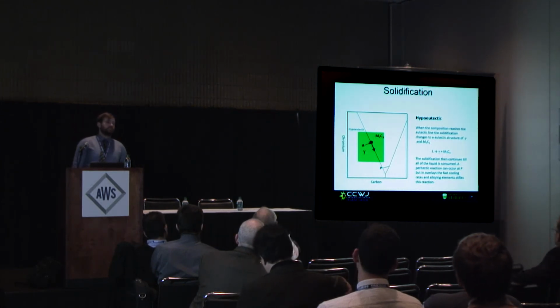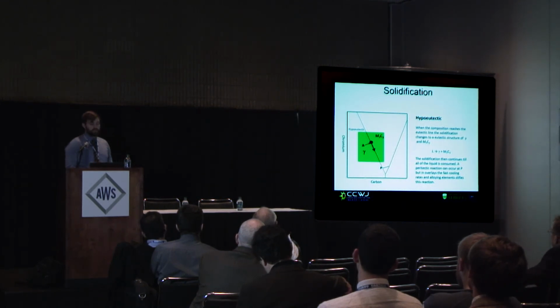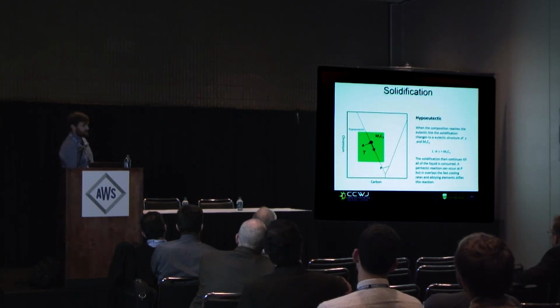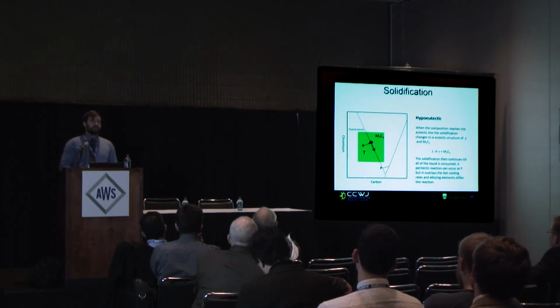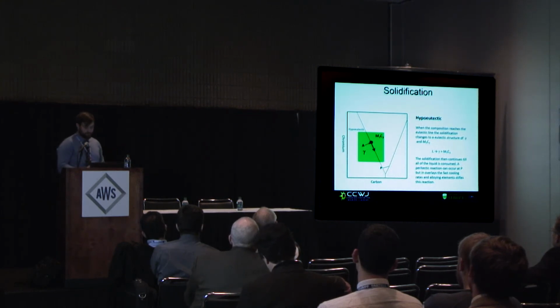This solidification continues until the liquid is exhausted. There's always a chance of getting a peritectic down at this corner, but for commercial alloys this doesn't occur because you have enough alloying elements that depress this reaction from occurring.